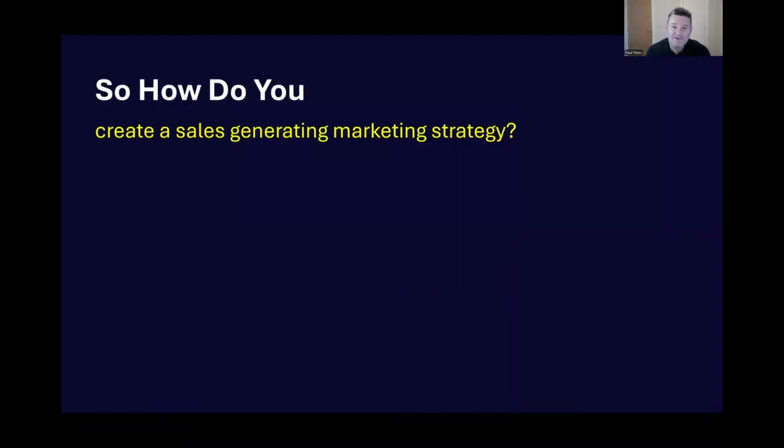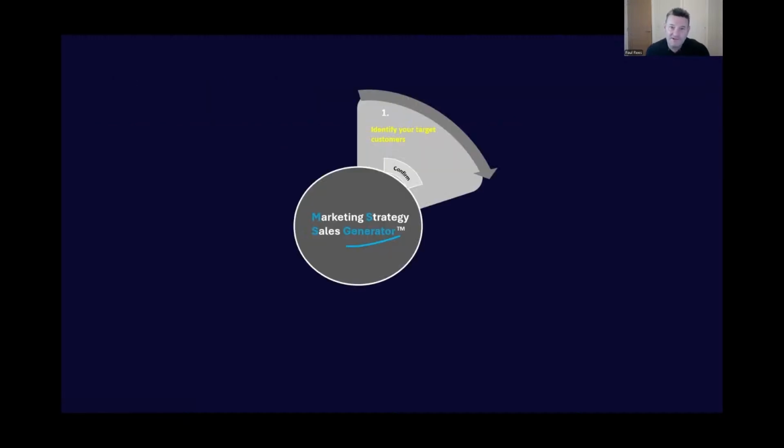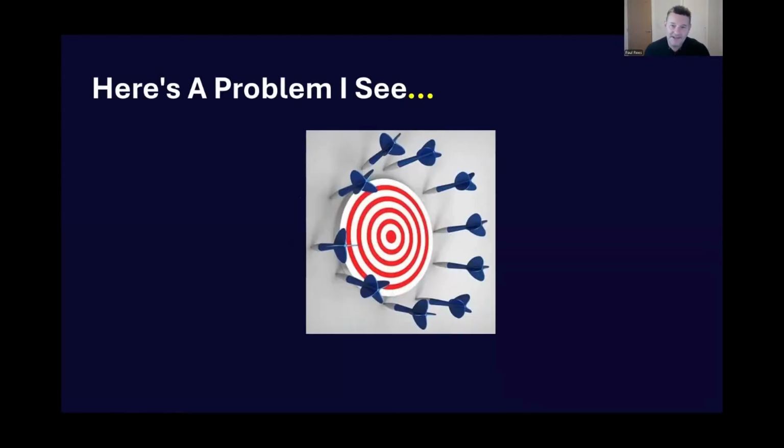So how do you develop a sales-generating marketing strategy? The first thing that's crucial in developing a marketing strategy is to identify your ideal customer targets. So here's a problem I see quite often. Many businesses don't clearly identify who they're aiming their offer to.